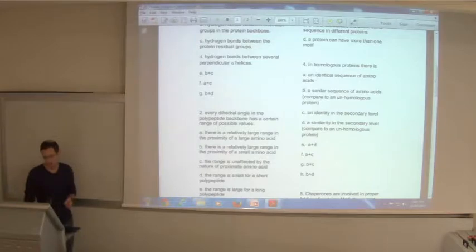So it's not identical. B, a similar sequence of amino acids compared to an unhomologous protein. That's correct. An identity in the secondary level. Again, no identity, just similarity. A similarity in the secondary level compared to an unhomologous protein. So B and D are correct. Hence H.